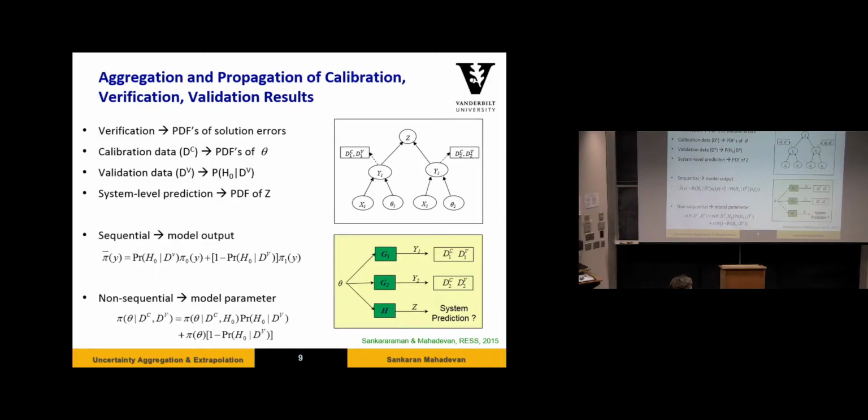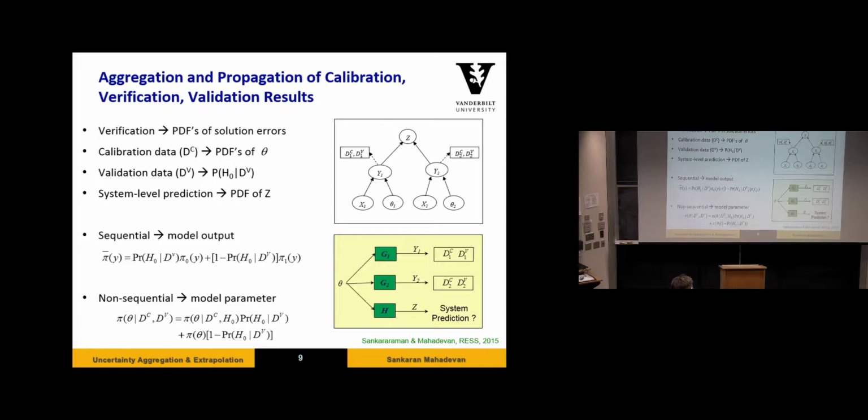So it is going to be affected by the model. So we multiply the posterior by the model reliability, and then the prior by the model unreliability. So it is another type of Bayesian model averaging on the parameter that is being used in the system level prediction. So there are two ways to think about this aggregation, or what we call roll-up, as the information goes from lower level complexity to your full-scale system.